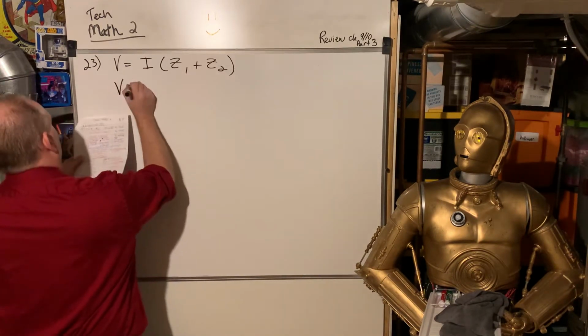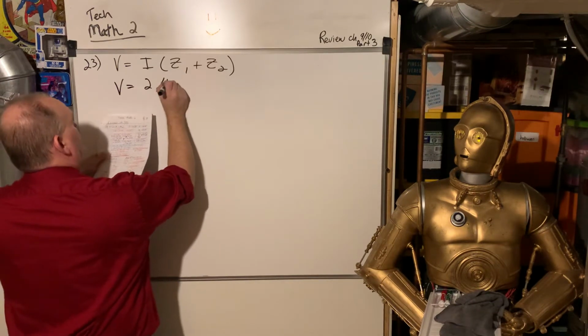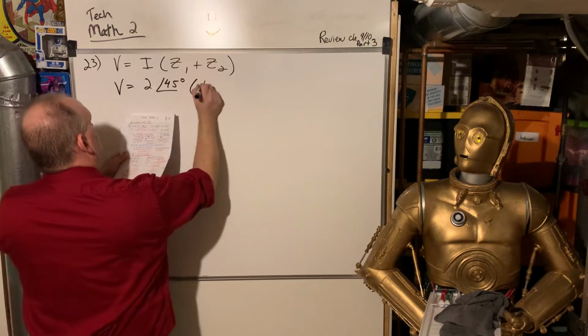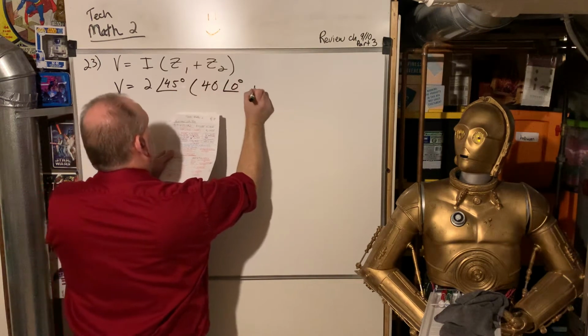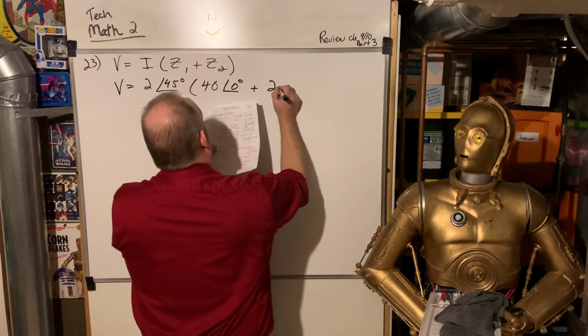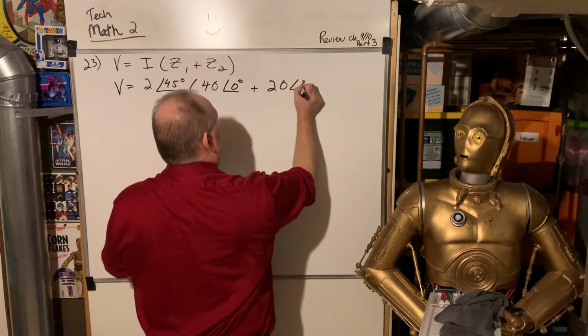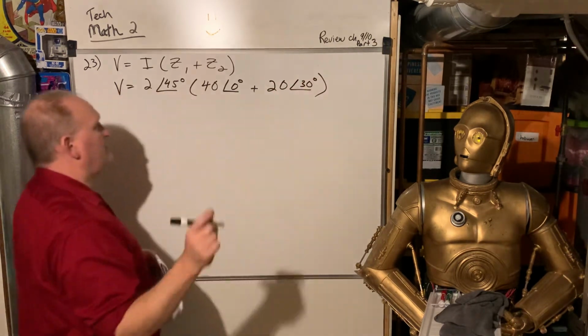We've got I given as 45 degrees, z sub 1 given as 0 degrees, z sub 2 given as 20 and 30 degrees. So this first part is easy peasy.